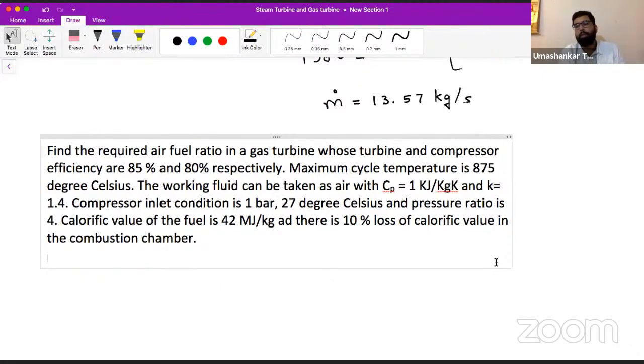And please start solving this question also. In this, combustion efficiency is also given. So let's apply the concepts we have learned in this, not completely actual but partially actual cycle. Can you do that, please? Just try to do that.